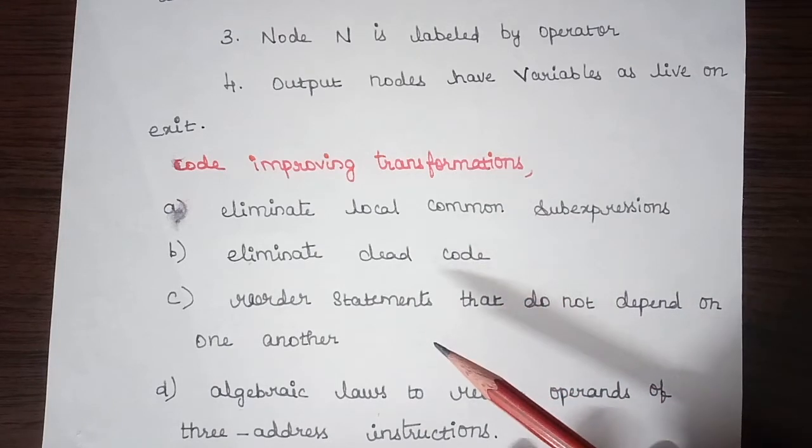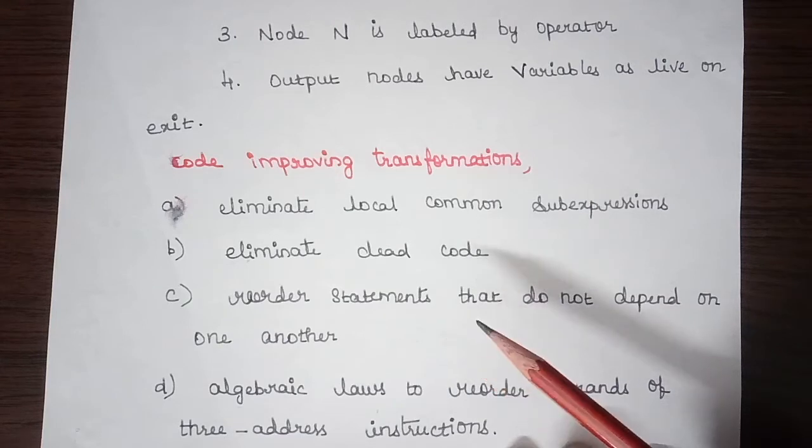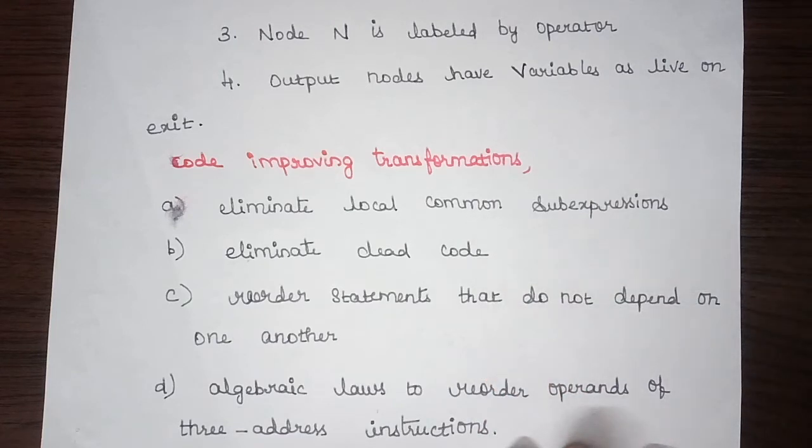Then the next one is reordering the statements. We can reorder statements that do not depend on one another. Reordering may reduce the time a temporary value needs to be preserved in a register, and that is why we go for reordering statements.